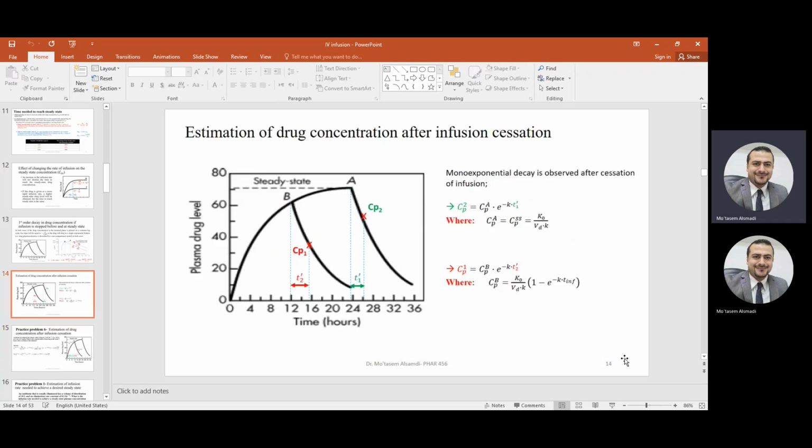And if I know the concentration at point B, for example, I can get the concentration at CP1, which is equal to the concentration CPB multiplied by the decay factor, CPB multiplied by e to the minus K T prime. And T prime is the decay time. This duration of time is the decay time, right?